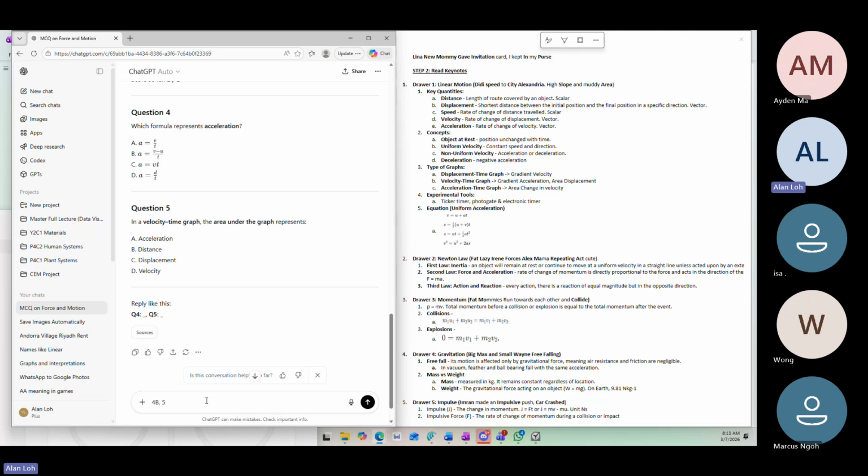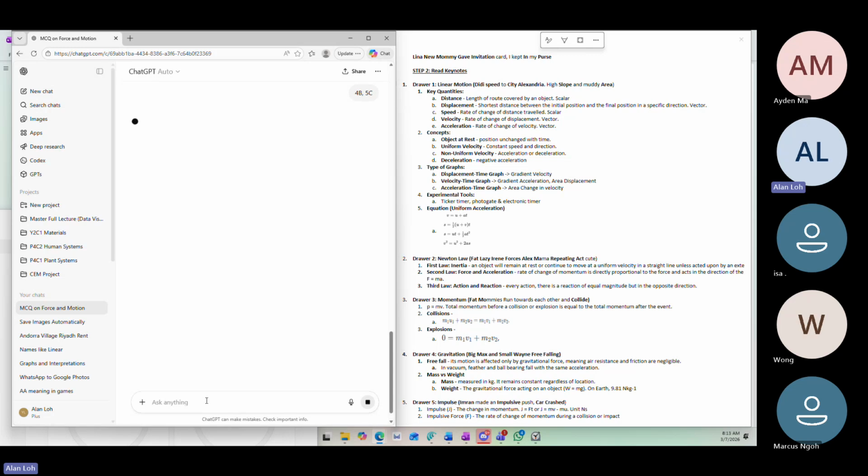Still drawer number 1. Area for the velocity time graph. There are 3 graphs, and we need to know what is the area for the velocity. C, yes, let's see whether it's C. Okay, correct again, good.